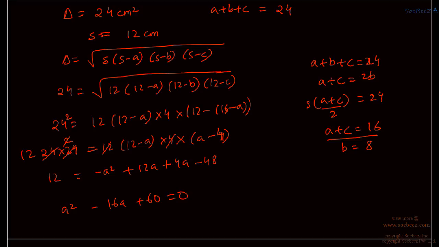Okay, so now factorizing this, we get a minus 6 into a minus 10 equal to 0. The sum is 16 and the product is 60, so 6 and 10, right? So a can be 6 or a can be 10. Both of these are completely valid solutions till now. So now let's see what the values of c can be.